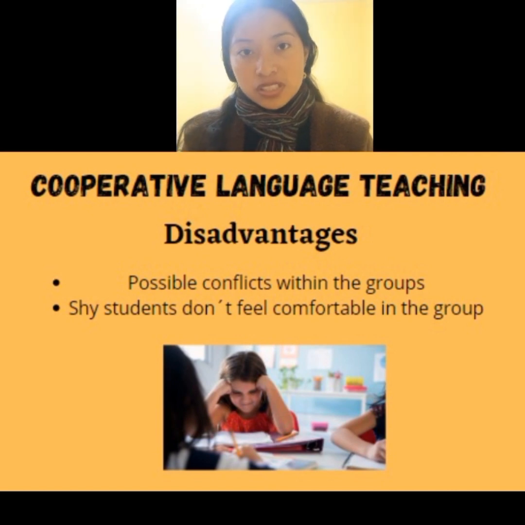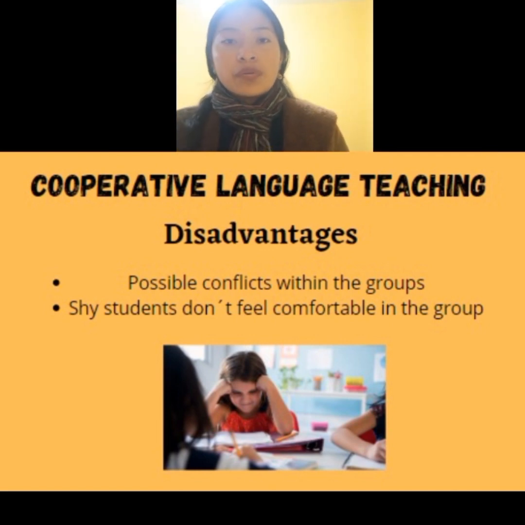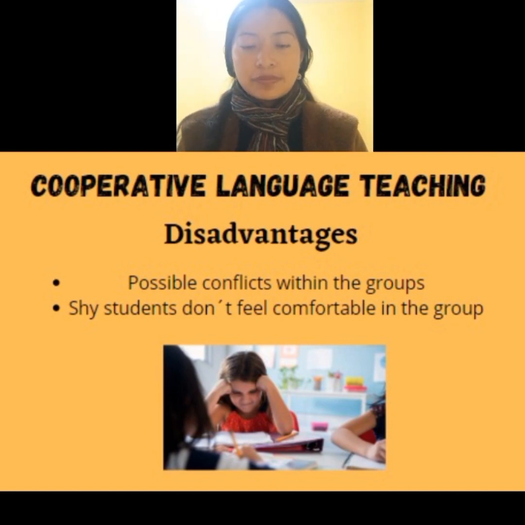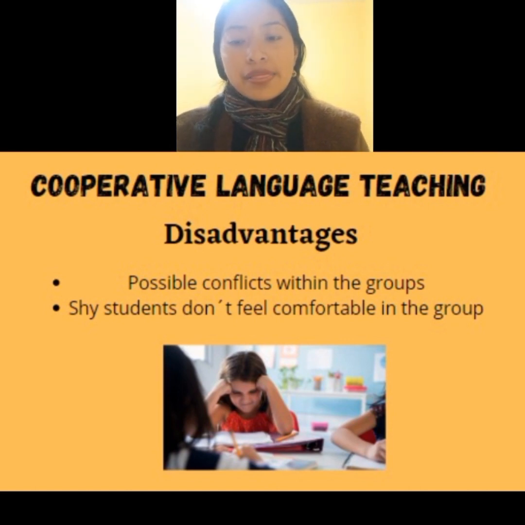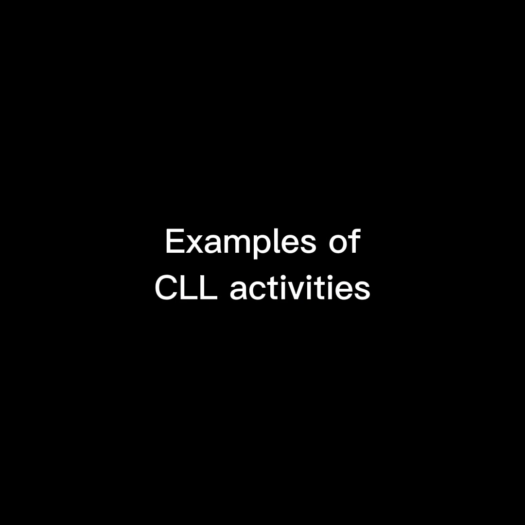Shy students don't feel comfortable in the group. Being shy, the students may feel out of the group or demotivated in the activity. Those are the advantages and disadvantages of cooperative language teaching.